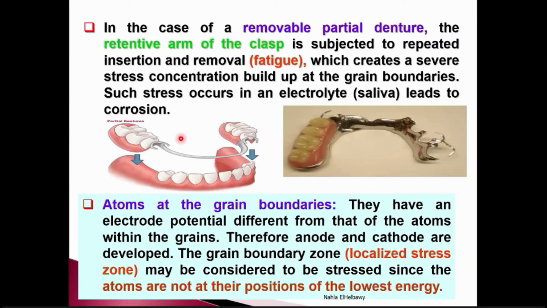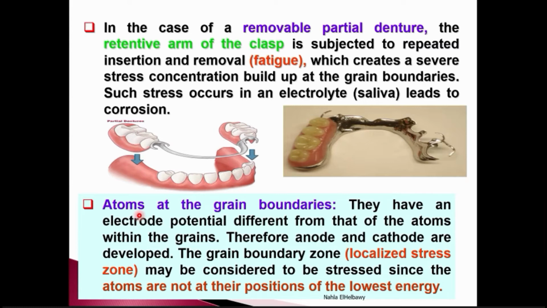Therefore, these clasp areas are more prone to corrosion and ultimately fracture as well due to fatigue. So this is an example of stress corrosion.